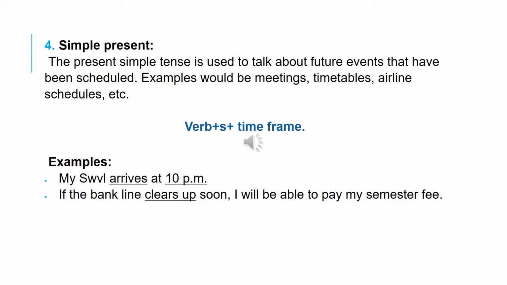So you can see that at the start of the sentence there is the word if. If the bank line clears up soon, I will be able to pay my semester fee. So the present simple is a part of the subordinate clause, and the subordinate clause is dependent on the verb of the main clause. So this is an example of present simple.